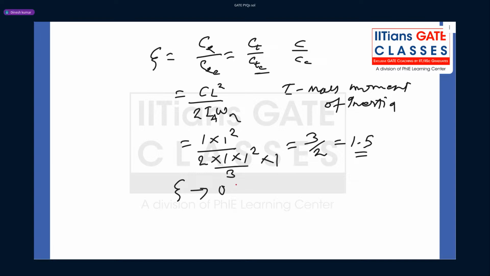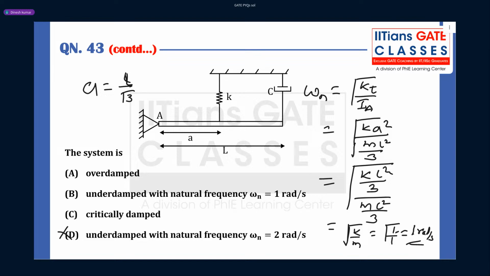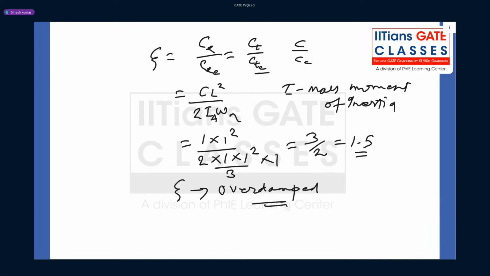It is overdamped. So the previous omega n, where it was useful, this was also indeed required to find where it was used. It was used here, right?